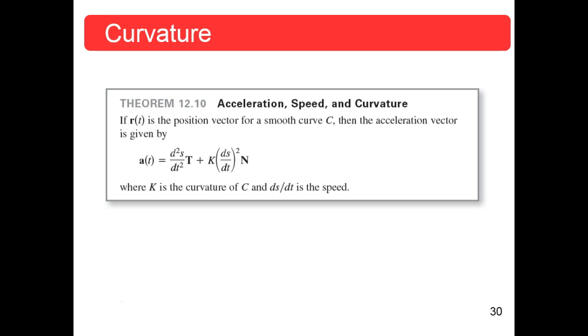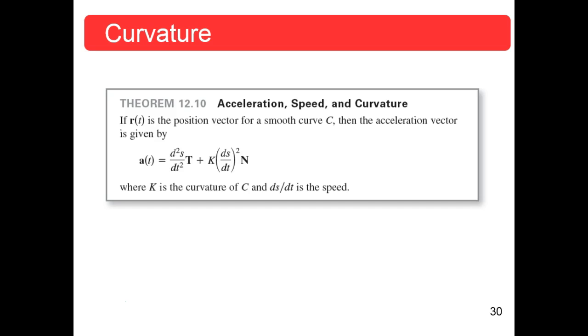So the tangential component is solely a function of the arc length and is independent of the curvature. On the other hand, the normal component of acceleration is a function of both speed and curvature, and that component measures the acceleration acting perpendicular to the direction of motion.